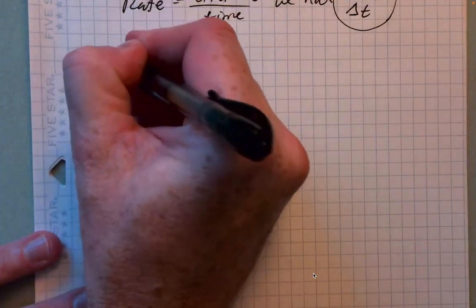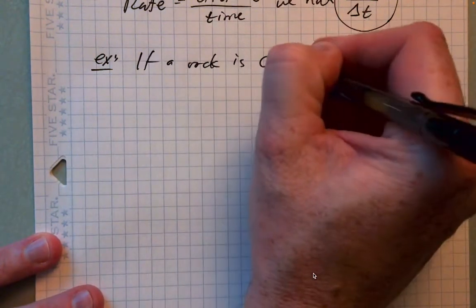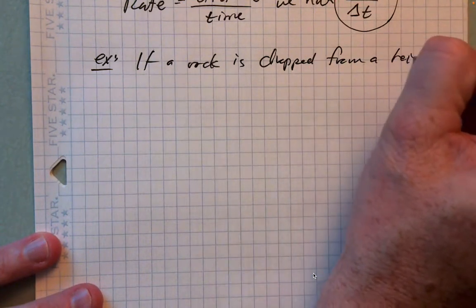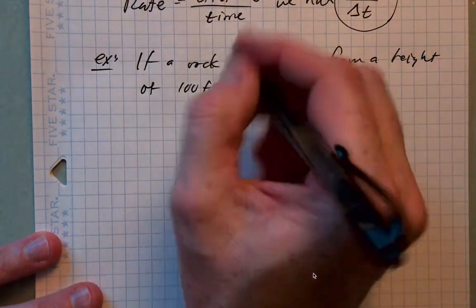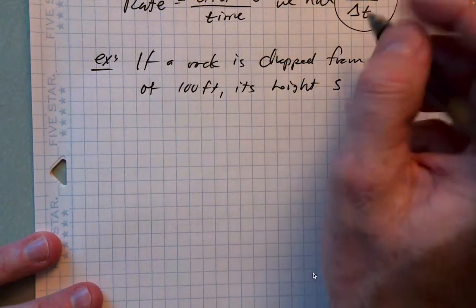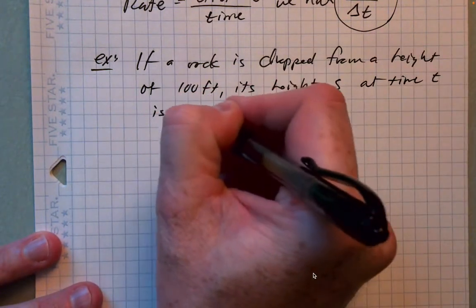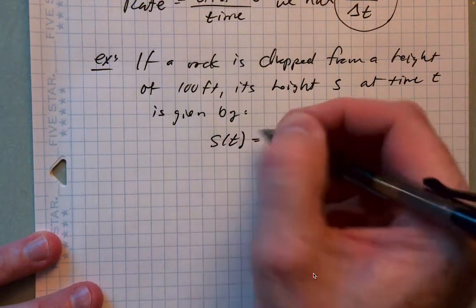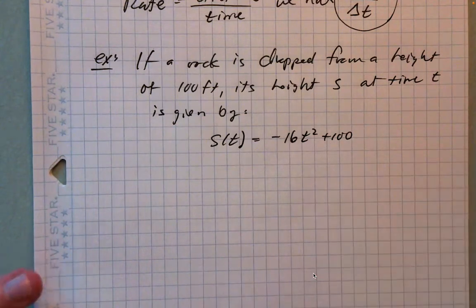So let's take an example here. If a rock is dropped from a height of 100 feet, its height s at time t is given by s of t equals negative 16t squared plus 100.